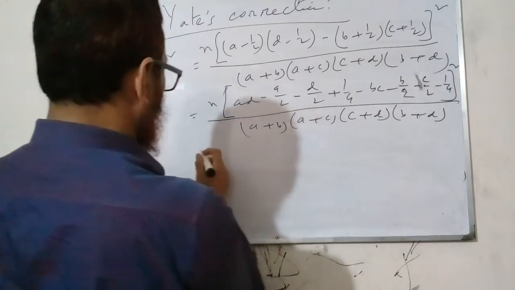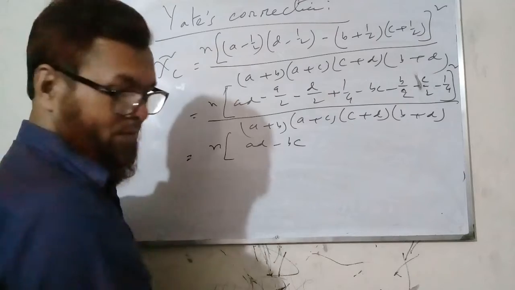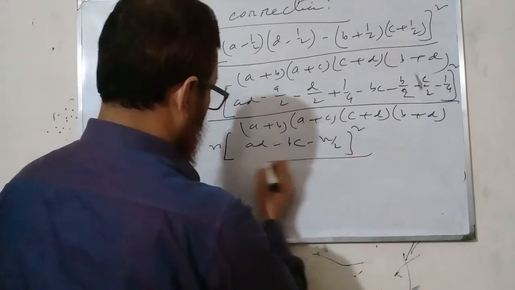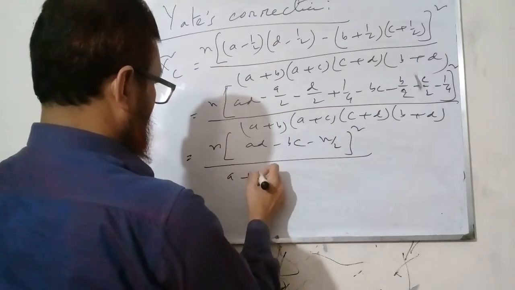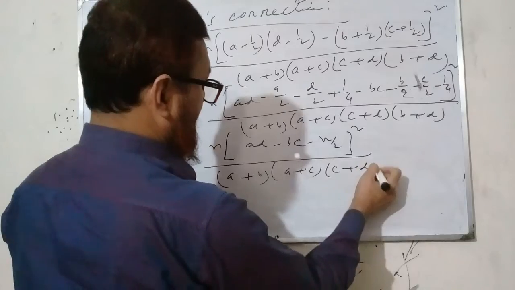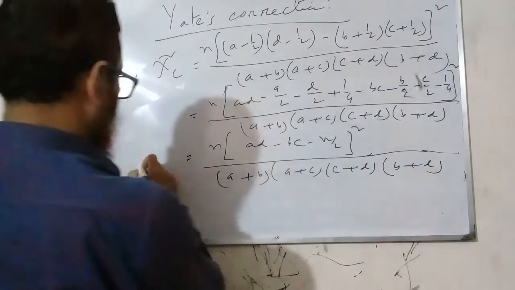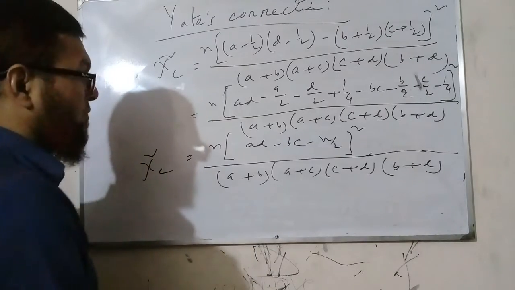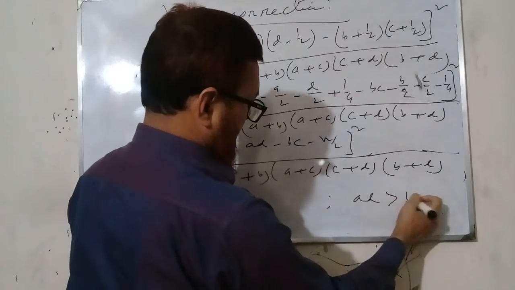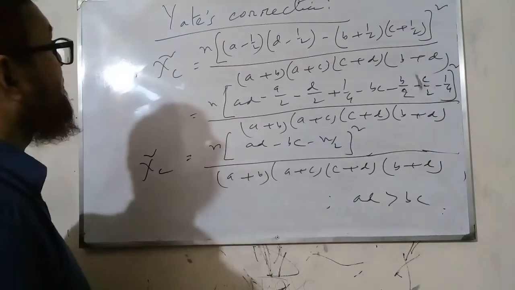Plus and minus vanish, so AD minus BC minus N by 2 whole square. It is the chi-square correction formula when AD is greater than BC.